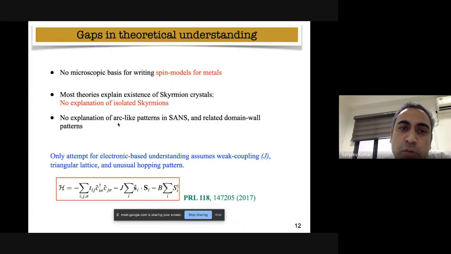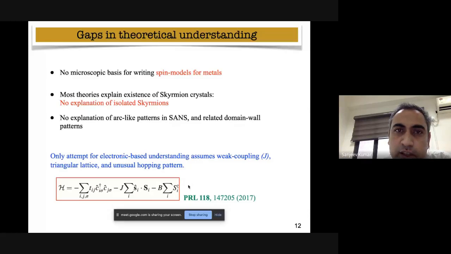There have not been explanations of these arc-like patterns in the literature, as far as I am aware. And the only attempt at this electronic-based understanding is what I mentioned on the previous slide, this paper where they look at a triangular lattice and also assume a weak coupling between the localized electronic spin and the conduction electron and so on.